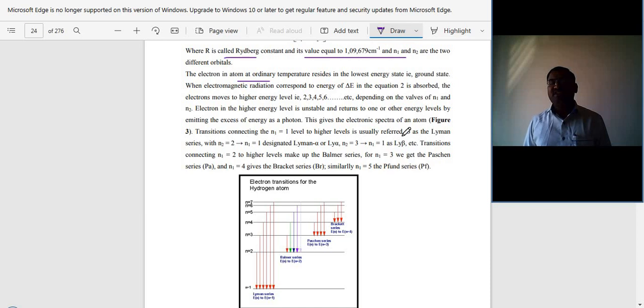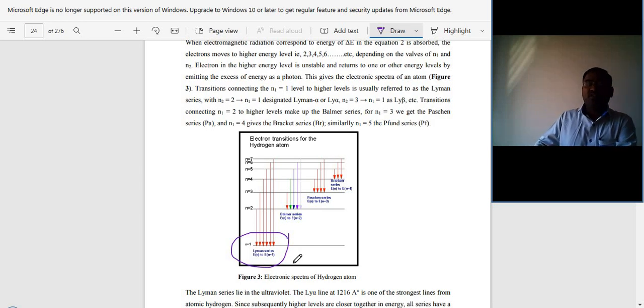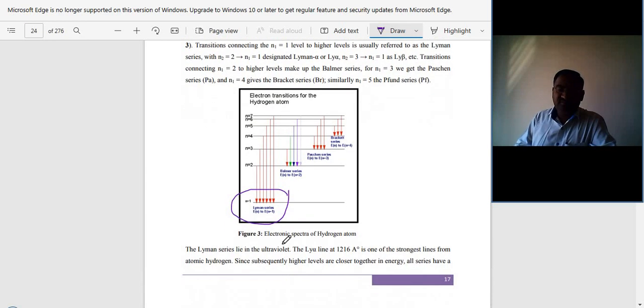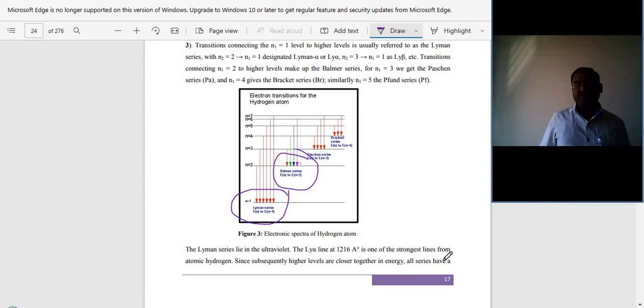When an electron jumps from a higher energy level to the lower energy level n1 equal to 1, that is called what? Lyman series. Electron jump from higher energy levels 2, 3, 4 up to infinity to lower energy level n1 equal to 2 is called the Balmer series, followed by the Paschen series, Brackett series, and Pfund series.